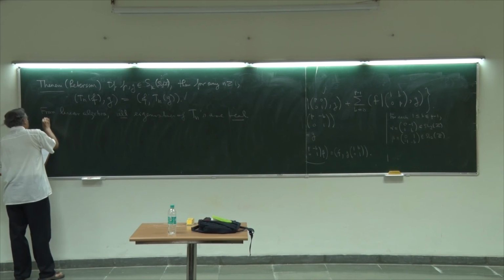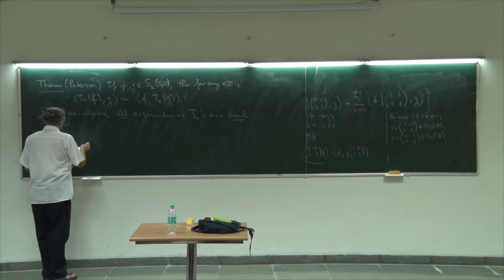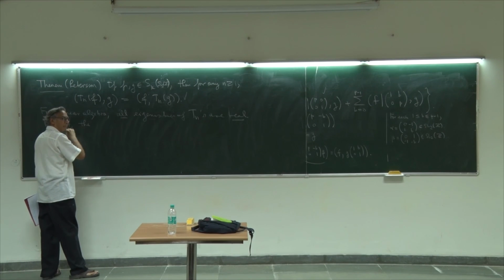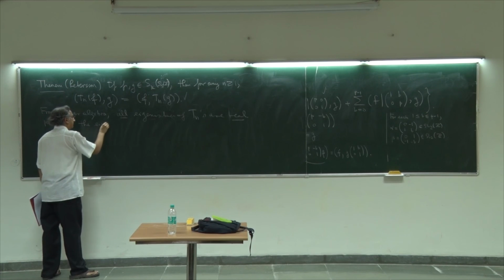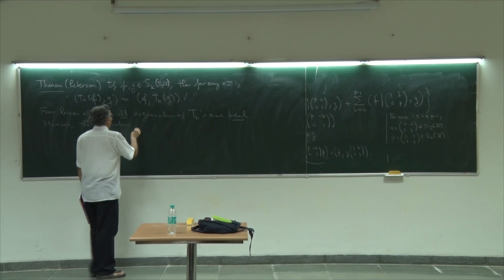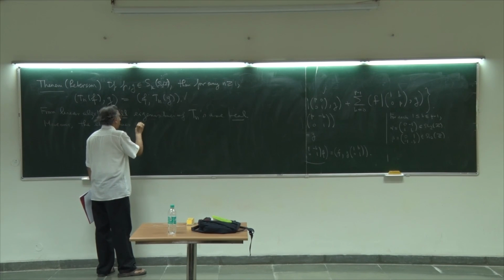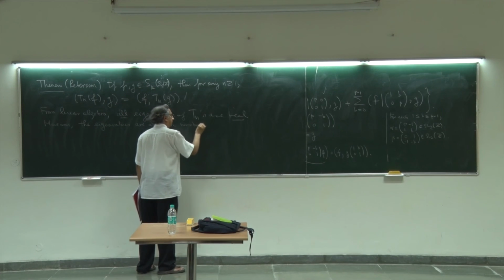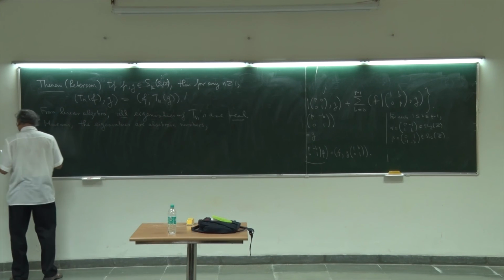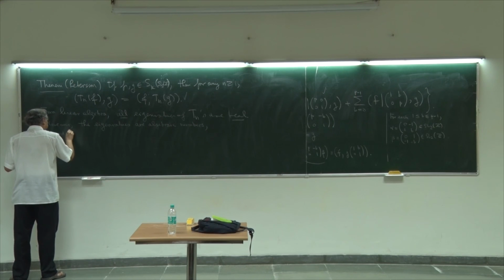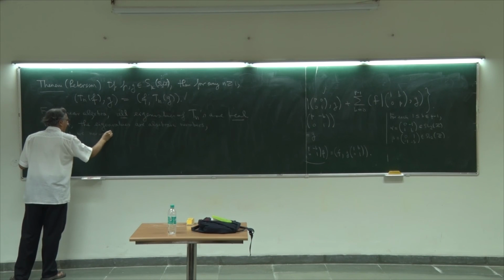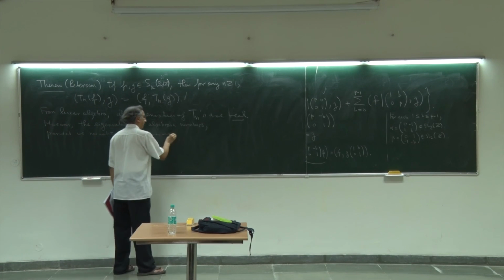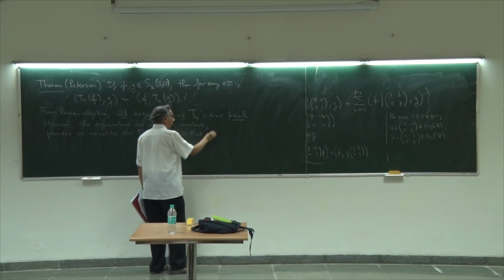Point number two is, moreover, the eigenvalues are algebraic numbers. Now this is a very important thing, so I don't want to rush this. The eigenvalues are, once we normalize, of course, algebraic numbers, provided we normalize our Fourier expansion so that the lead coefficient is 1.